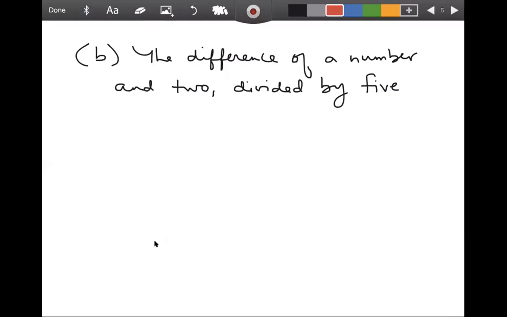Remember that difference means subtract. So what we're doing here is we're taking the difference of a number, and usually we'll write a mystery number as x or some other letter, sometimes they use n, minus 2. And because we've got the comma separating that phrase from divided by 5, it means we're going to divide that difference by 5, the whole expression. So I would write that like this.